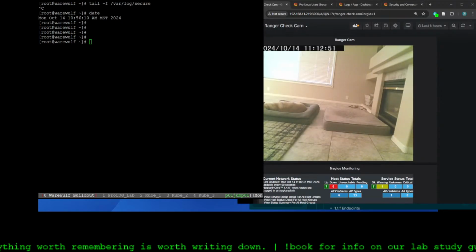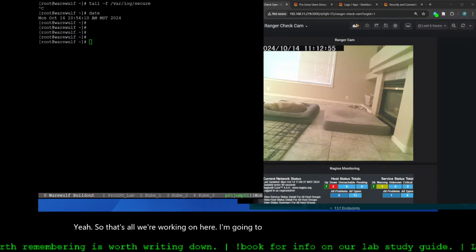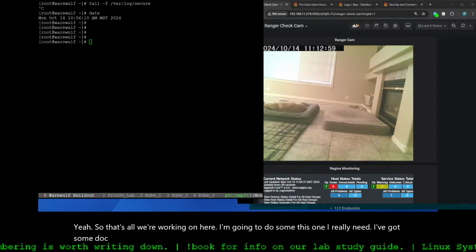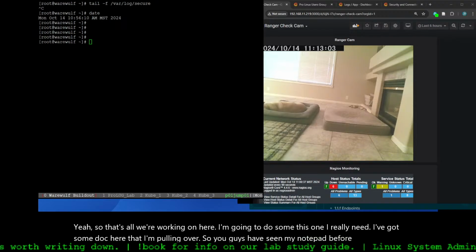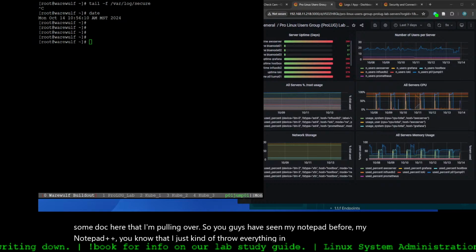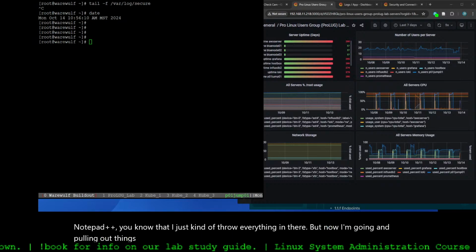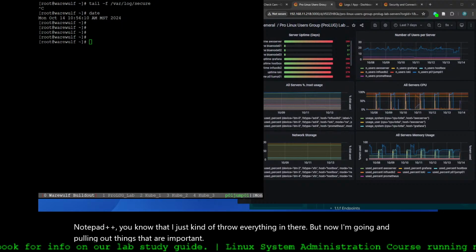Yeah, so that's all we're working on here. This one I really need. I've got some doc here that I'm pulling over. So you guys that have seen my Notepad++ before know that I just kind of throw everything in there. But now I'm pulling out things that are important for this cluster.